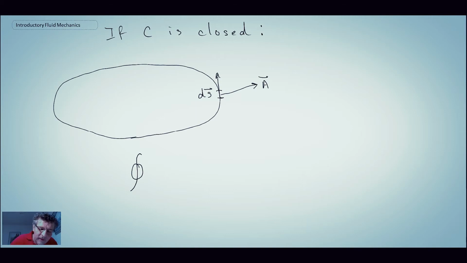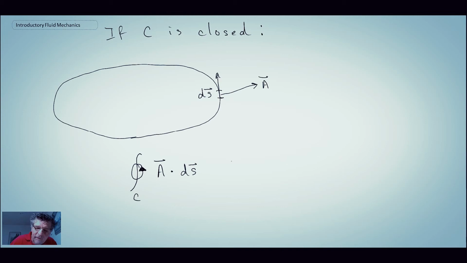It's no longer a C, and we'll put a little arrow on that, and that arrow would indicate the direction with which going around the curve is being viewed as being positive. So that is an integral around a curve. And again, to evaluate it is just the dot product of our vector field that we're interested in and ds.